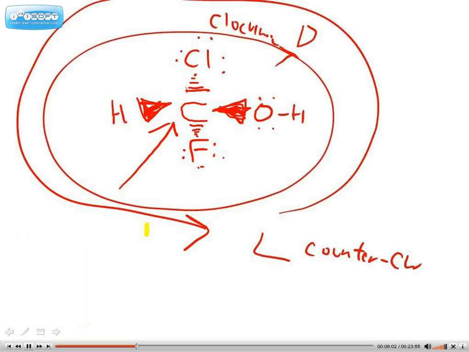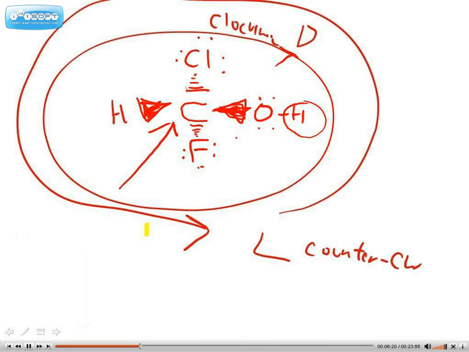Now, of these four groups, which one has the highest atomic number? We're going to look at the atoms that are directly attached. So this hydrogen right here, at this point we ignore it. We're looking at the ones that are directly attached.